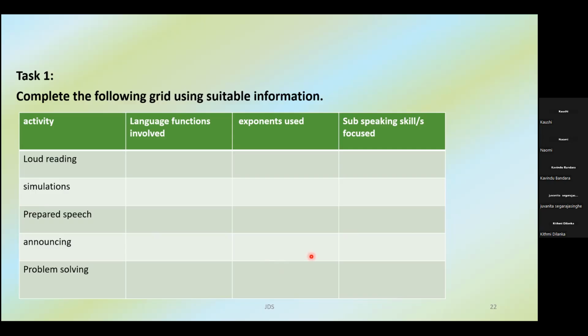You can use any kind of exponent depending on the function, right? So if it is going to be emphasizing or agreeing, disagreeing, you don't have agreeing and disagreeing coming in announcing. Words and phrases that can be used to perform that function, you can include as exponents.